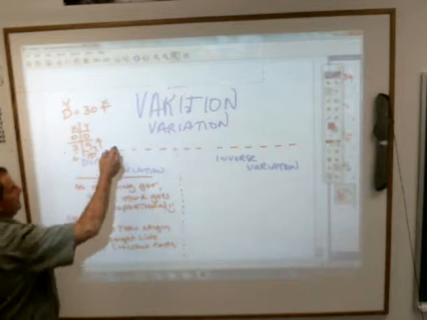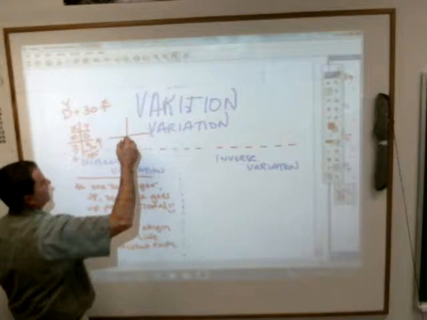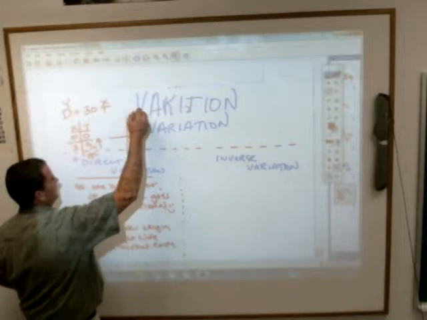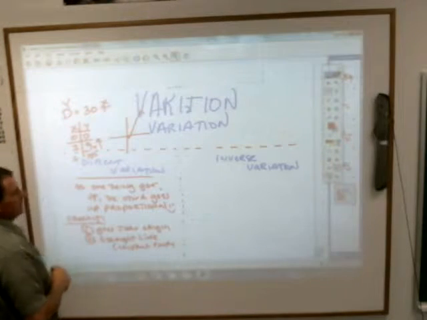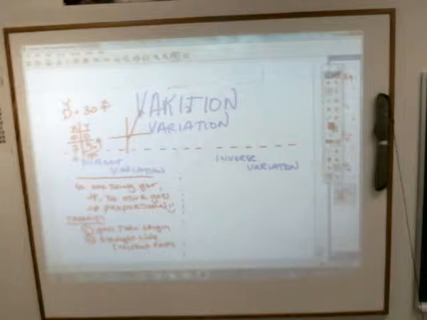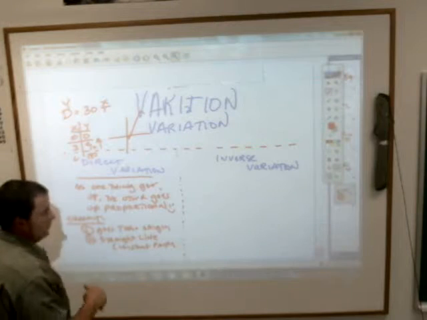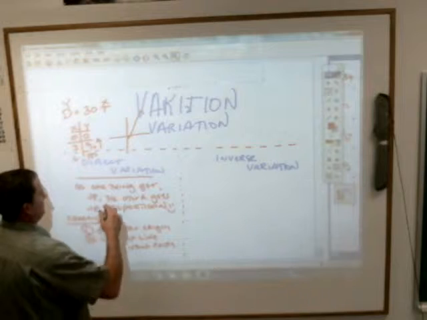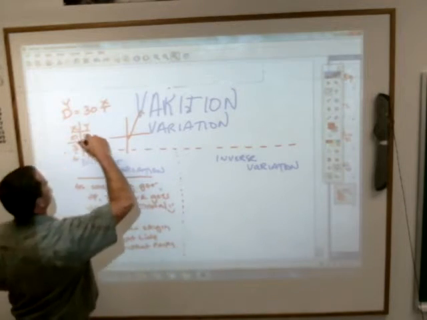And if you were graphing that, the line would start right here, and it would go something like this. It's a straight line going through the origin. And that was our direct variation. The equation, or the little things math people like to throw in, this is what direct variation looks like.